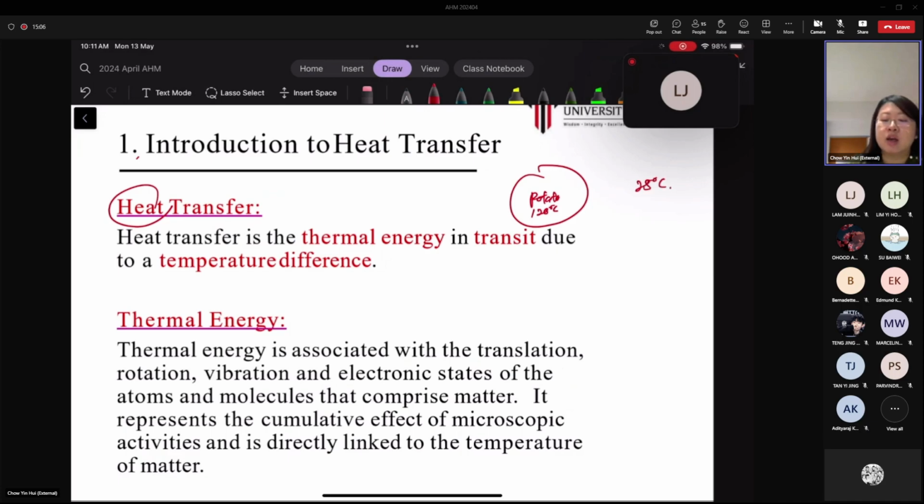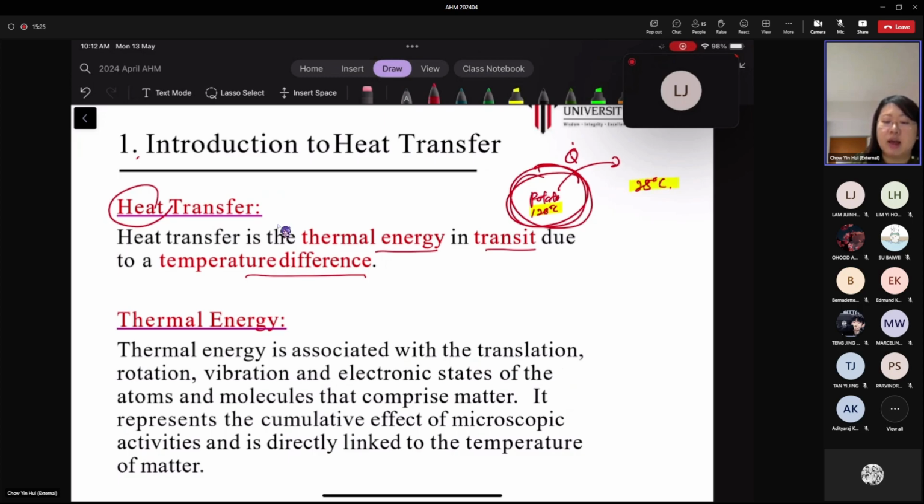Heat transfer is only recognized when the heat is being transferred across the boundary. Heat transfer is the thermal energy in transit due to temperature difference. So there must be a temperature difference between two systems.